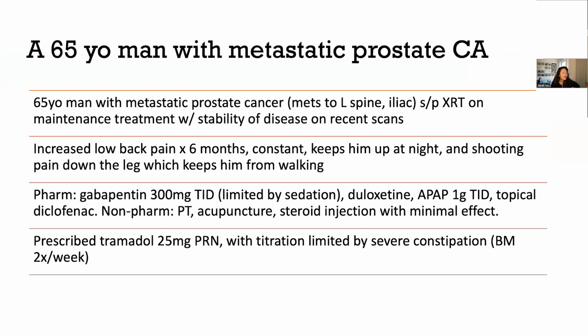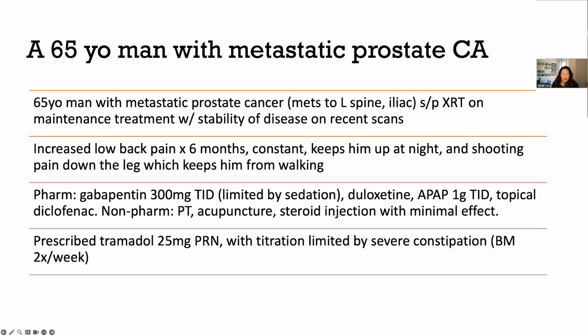Here is a case, actually the case I presented before. It's a 65-year-old man with metastatic prostate cancer, with mets to the spine, who has stable disease. He has low back pain that's been worsening for the last 6 months, shooting down his legs, keeping him up at night. He's tried a bunch of different pharmacologic and non-pharmacologic treatments, not including opioids.